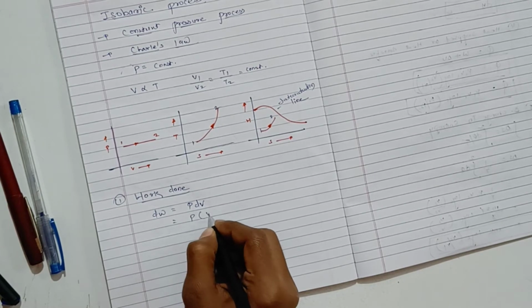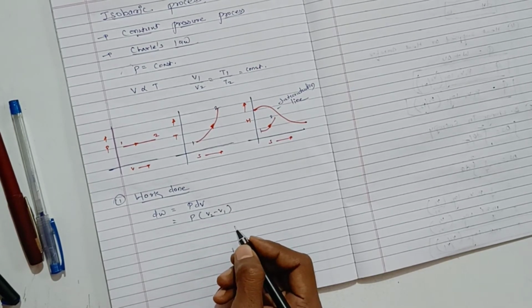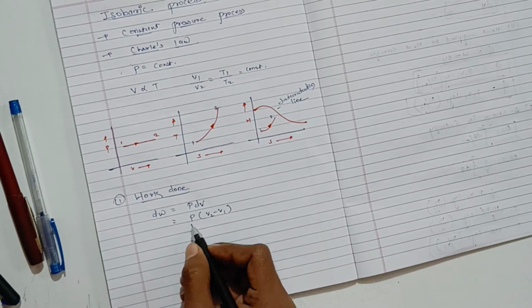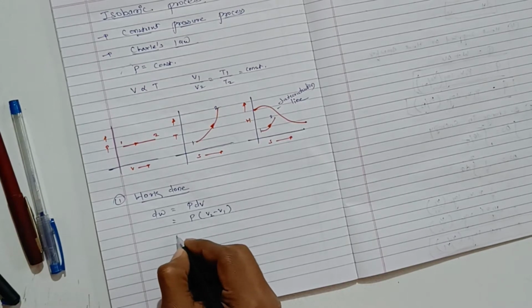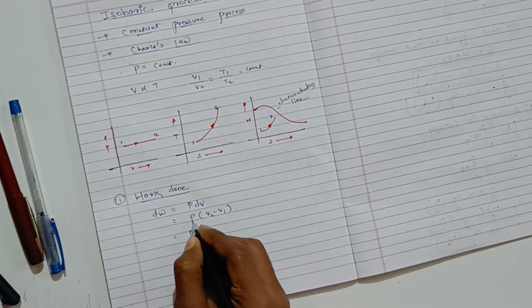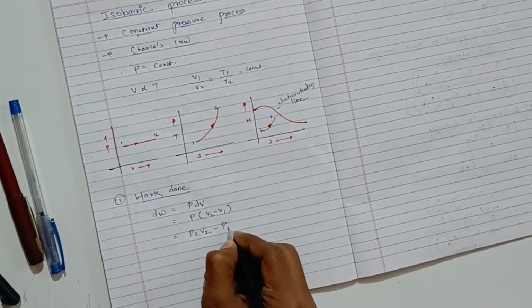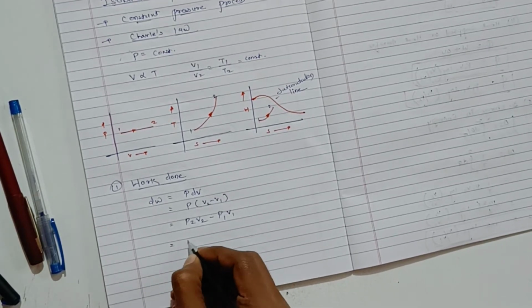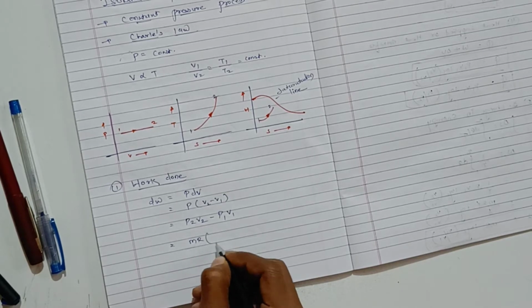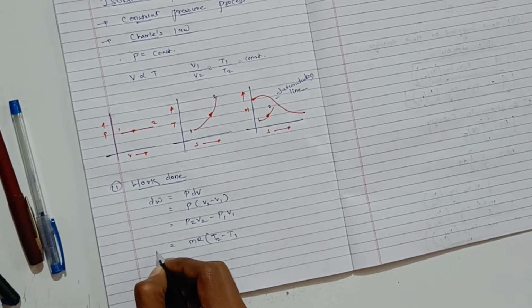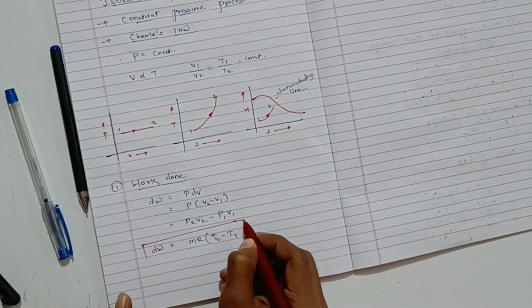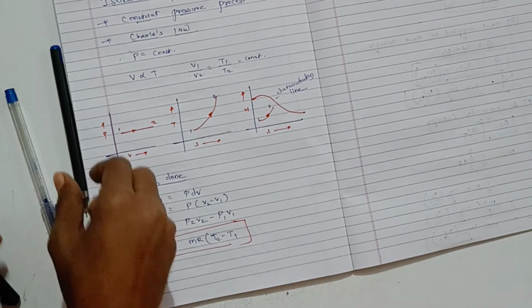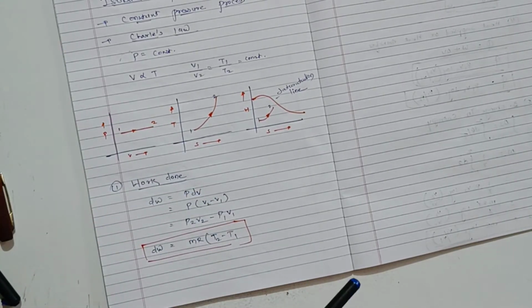P is constant, so it is V2 minus V1, which we can write as P2V2 minus P1V1. According to this, we know that it is mR (T2 minus T1). So dW, the work done, we can find with the help of this formula, because the pressure is constant.